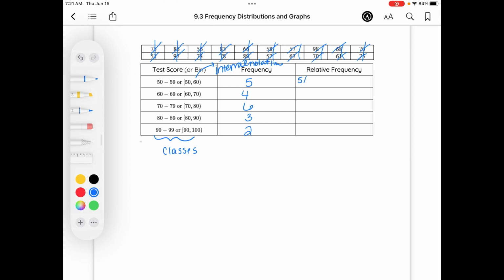So our relative frequency is 5 out of 20, or 25%, whose test scores are between 50 and 59.